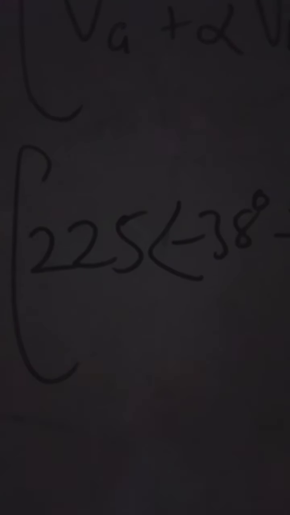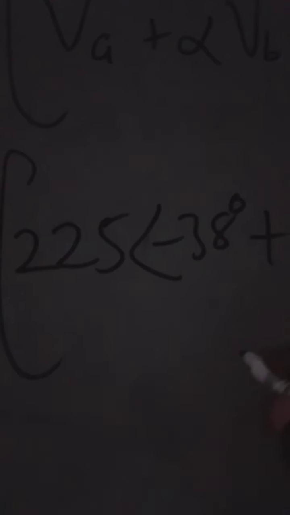So to find the positive component, it has to be 1/3 into VA. Our VA is given as 225 at angle minus 38 degrees, plus our VB, which is 175 at angle 69 degrees, plus the alpha.